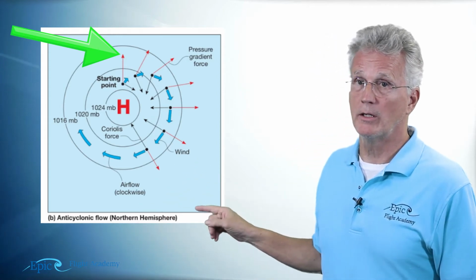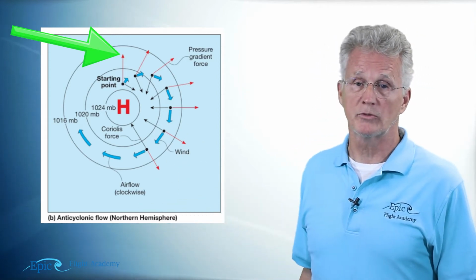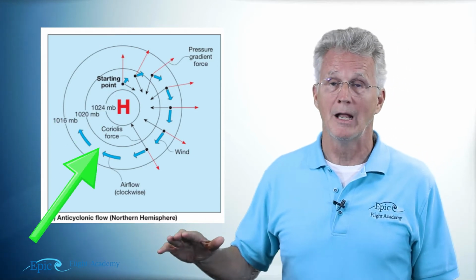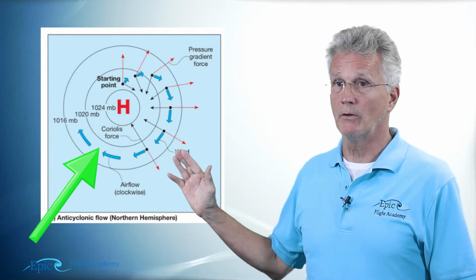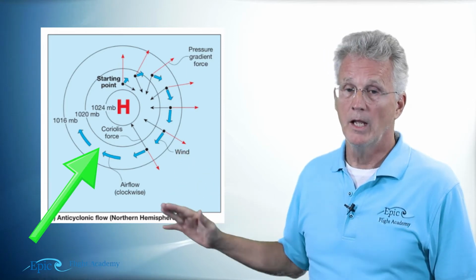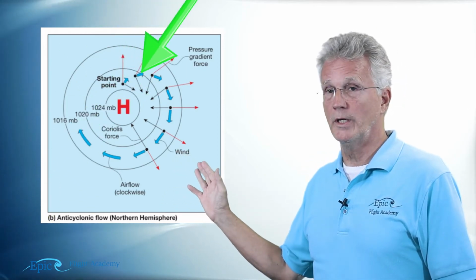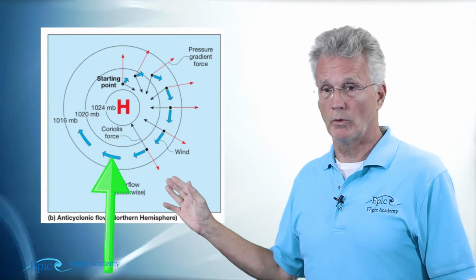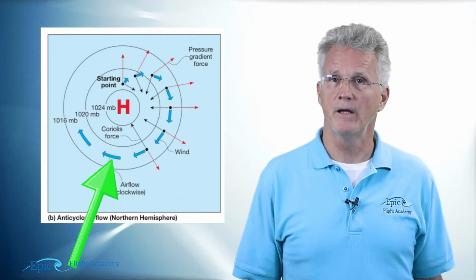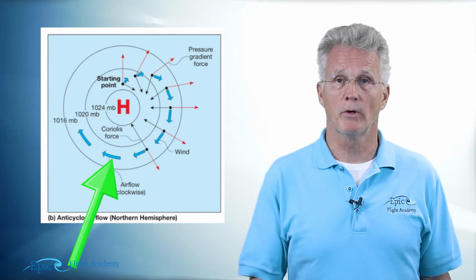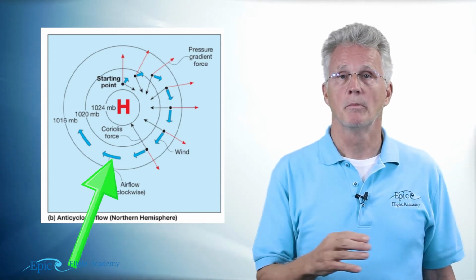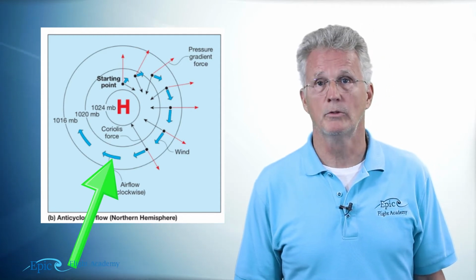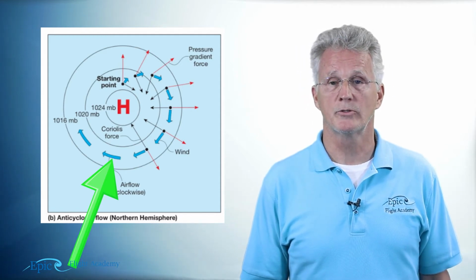As that pressure gradient force moves and starts to get stronger, Coriolis force also gets stronger, and you can see in our diagram here, it turns the wind, that's the large blue arrow, to the right until eventually pressure gradient and Coriolis balance each other out, and that wind is blowing parallel to these isobars.